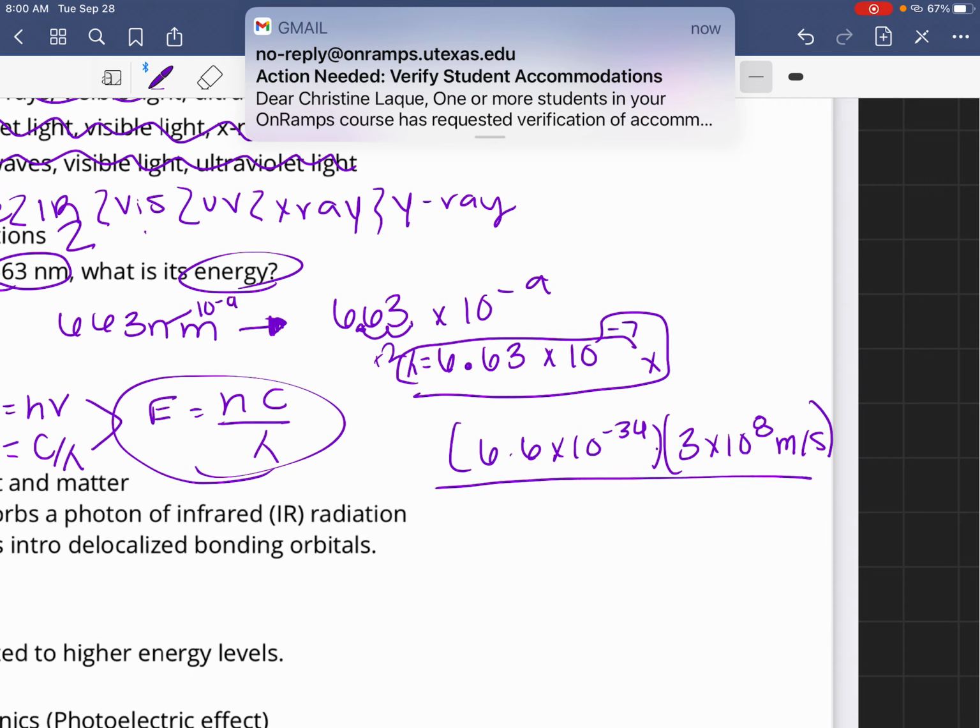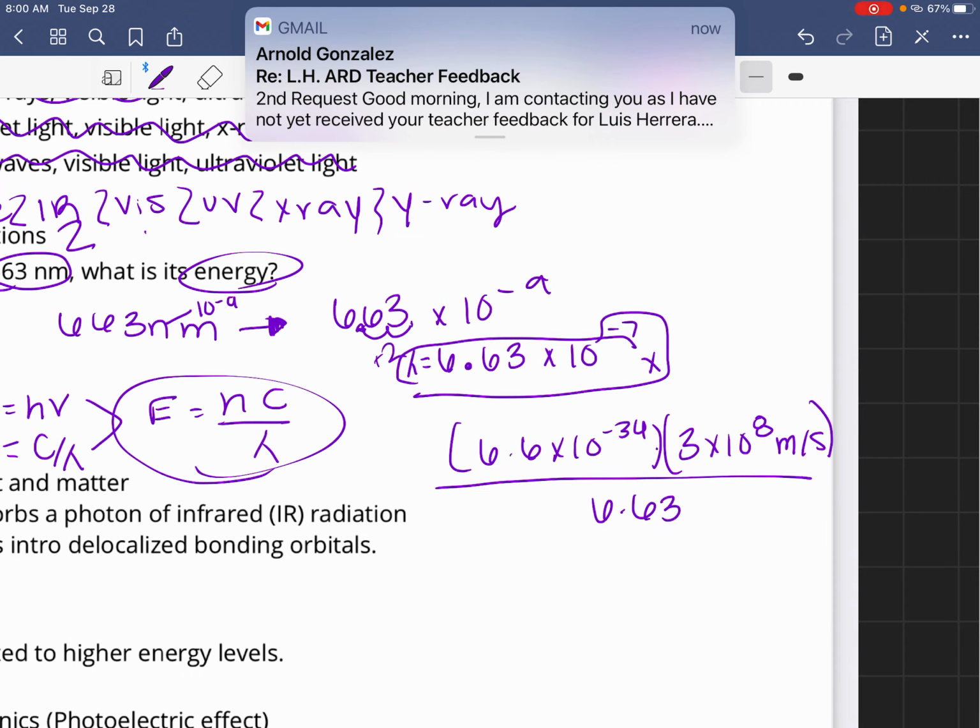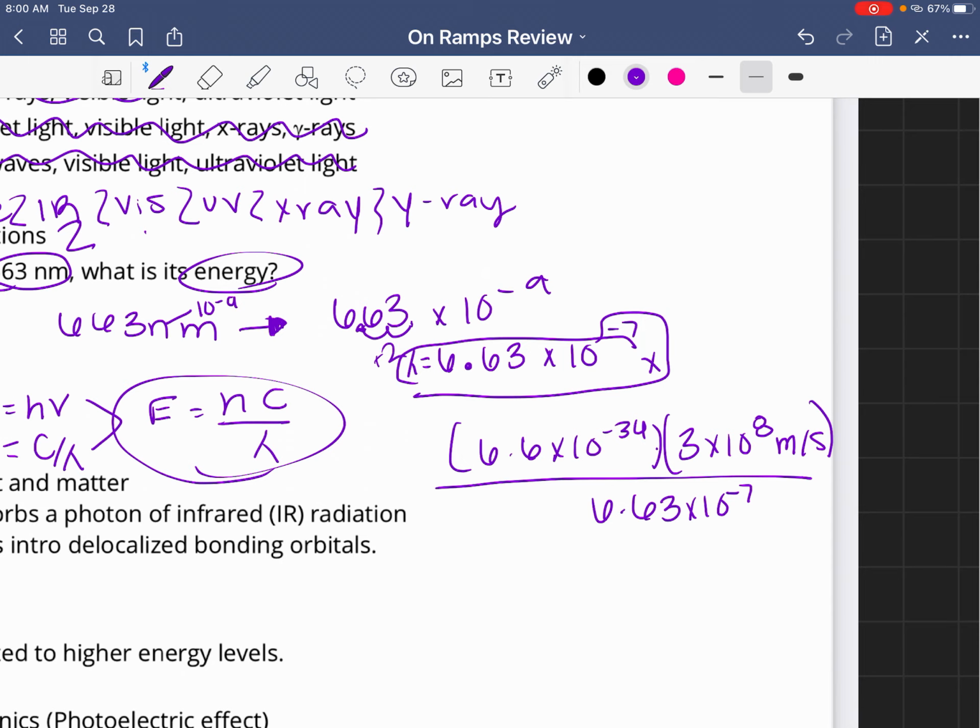And then we're going to put wavelength, 6.63 times 10 to the negative 7. We'll round the decimals. So this rounds to 7, and this rounds to 7.